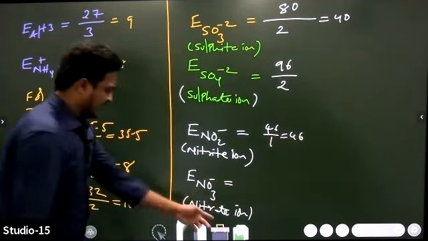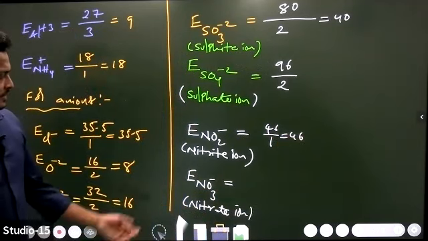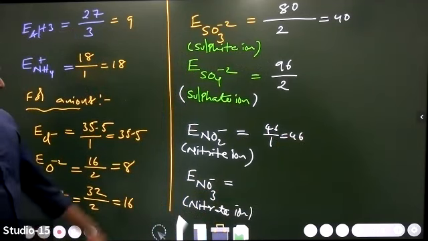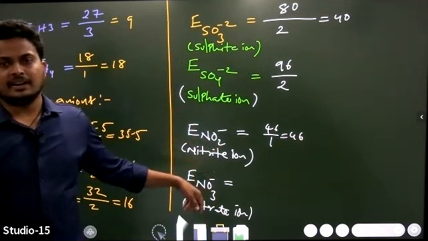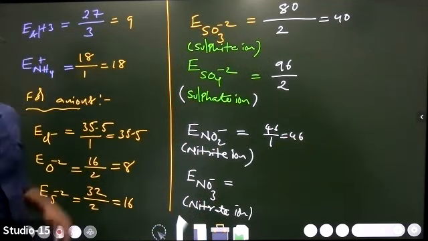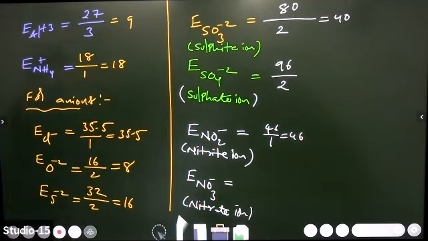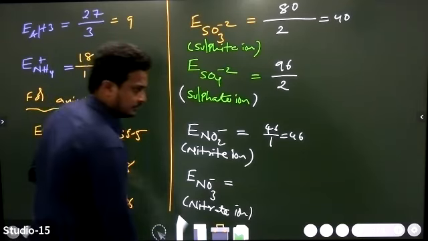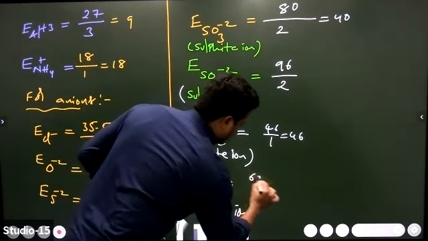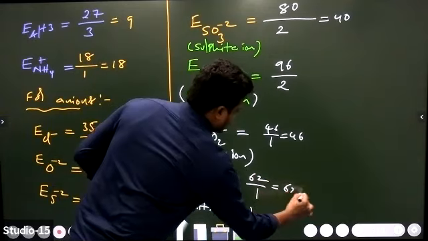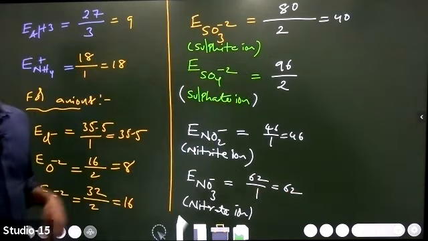Now, what about nitrate ion? 46 plus 16. The difference between nitrate and nitrite is only one oxygen. So 62 by 1, 62. Like this, we can calculate equivalent weights.